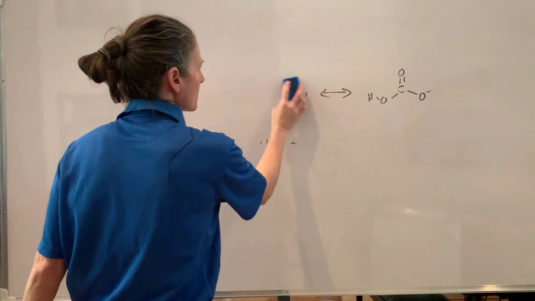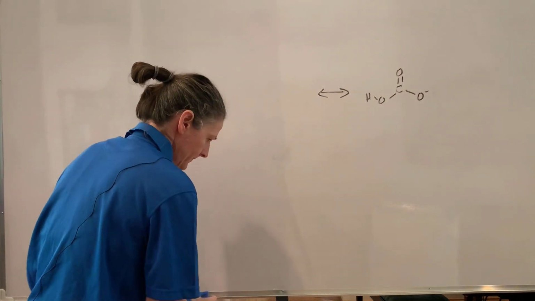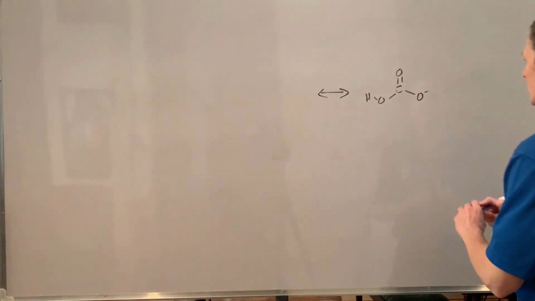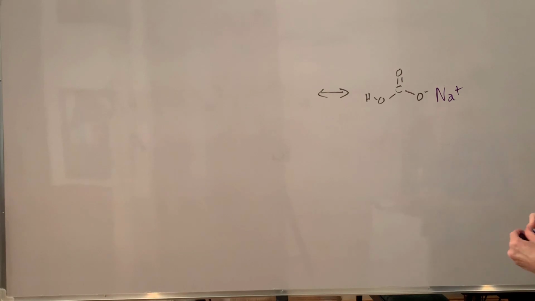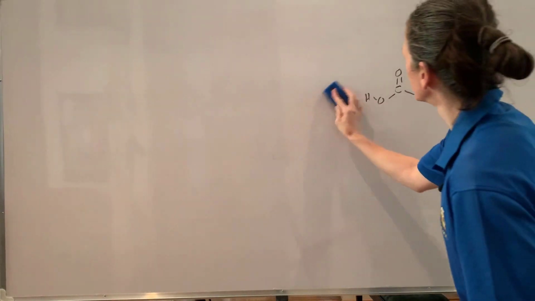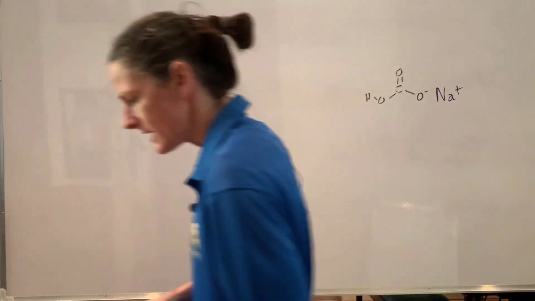So sodium bicarbonate is basically bicarbonate ion and sodium. So this would be our baking soda, and this is what we use to clean the house.